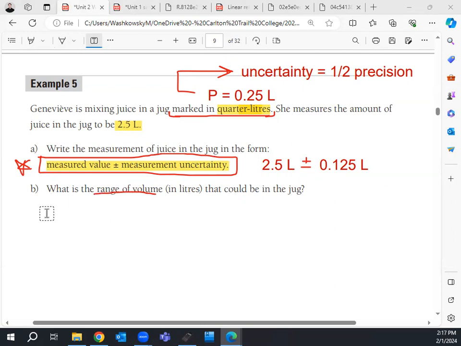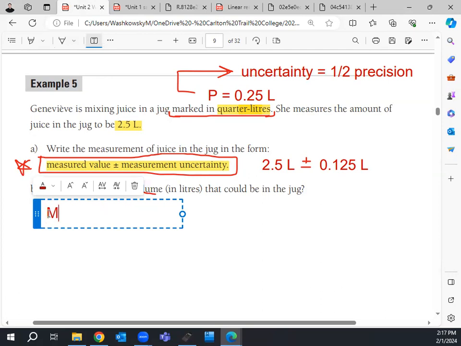So let's find the lower range. Let's find the minimum amount. There has to be at least this much juice in there. I know I have 2.5 liters, and I also know that there could be 0.125 fewer liters in there.